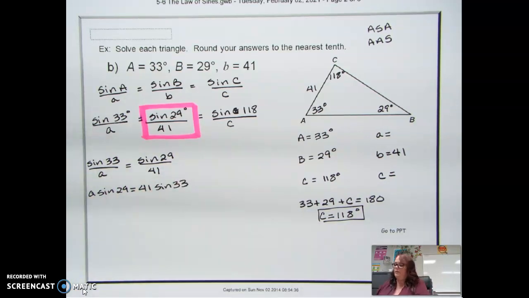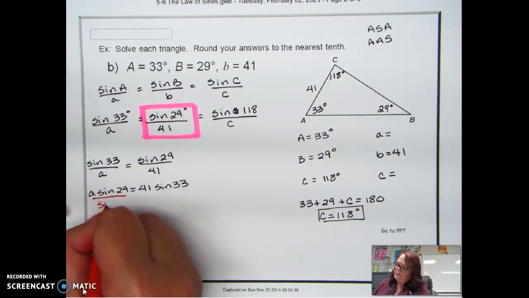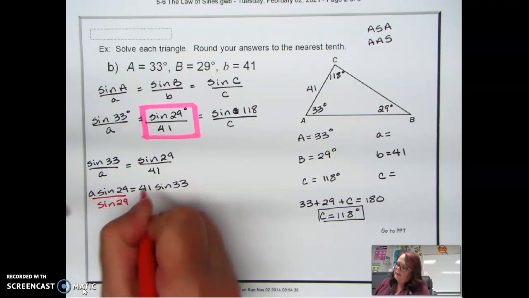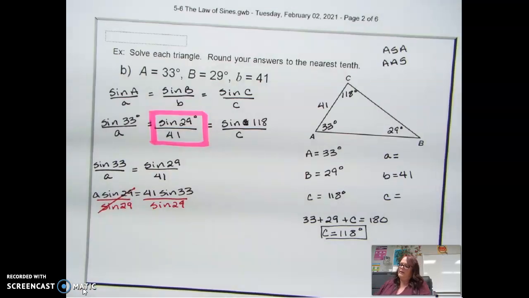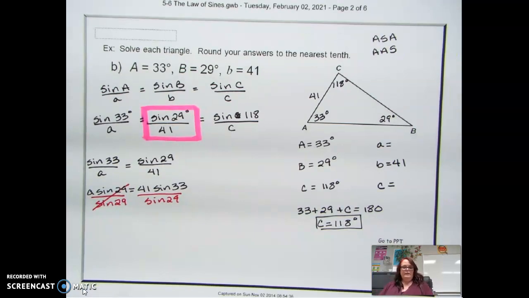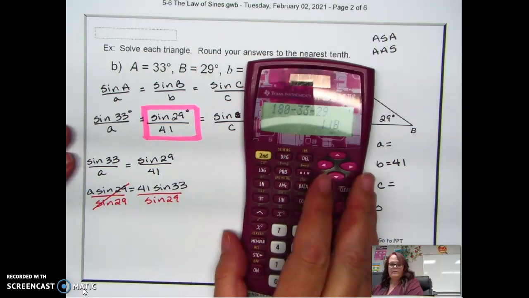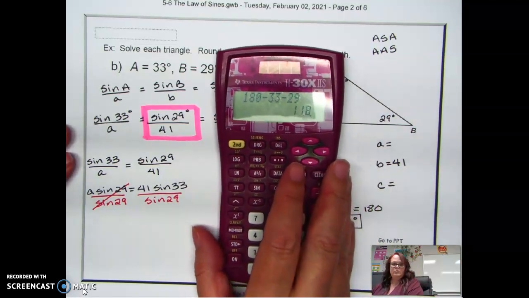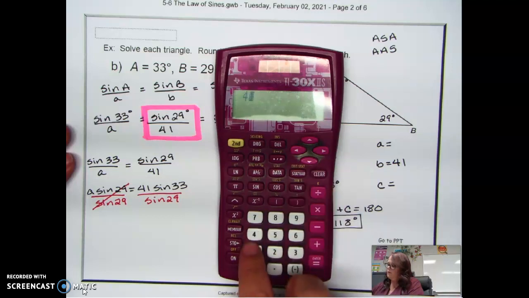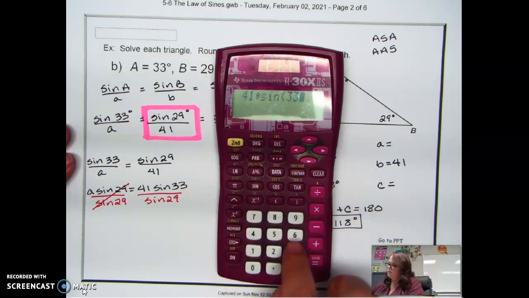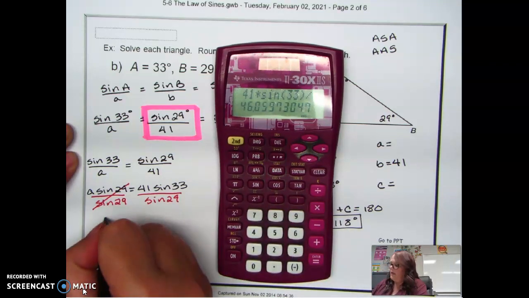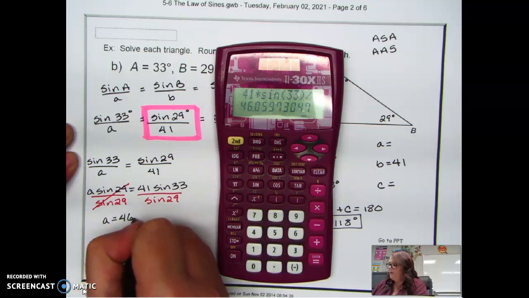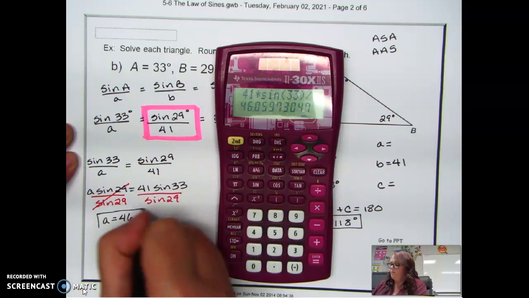And then if I divide both sides by the sine of 29, then that's what I'm going to plug into my calculator. So I'm going to say 41 times the sine of 33 divided by the sine of 29 equals, and I've got little a is about 46.05, so 46.1.